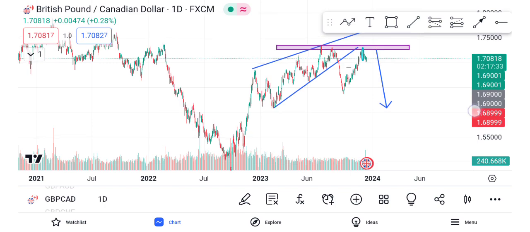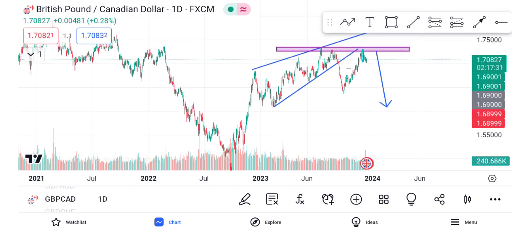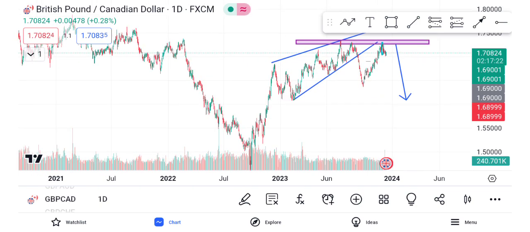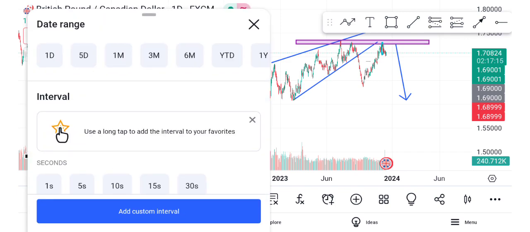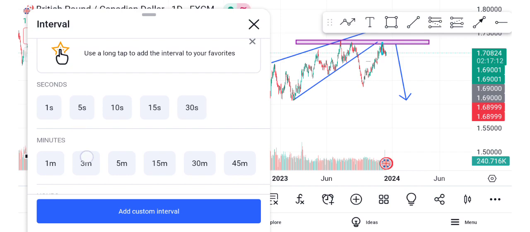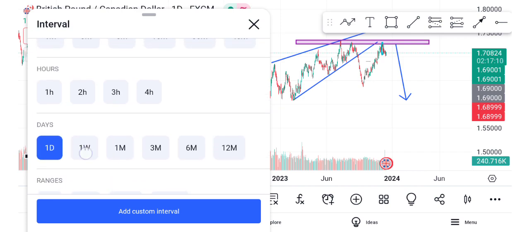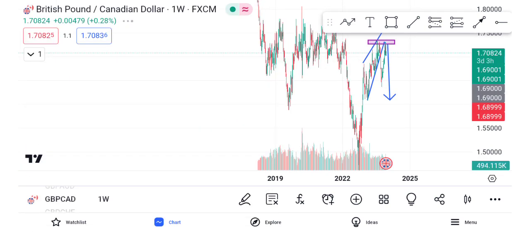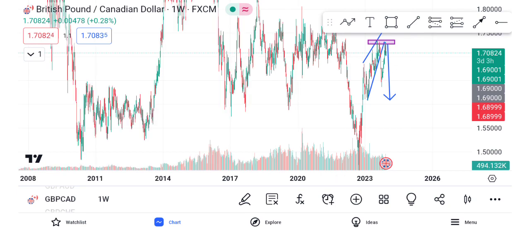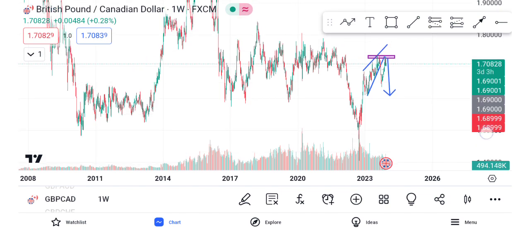Though different traders have different strategies, with my own strategy, how I trade, I will still need to go to the weekly time frame so as to check the strong points that can delay the movement of the market, or that can stop the market from obeying us.